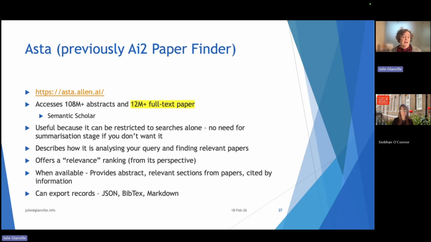So this is making it a richer source for searching, because you have access to all that full text information as well within Semantic Scholar. And also it's useful because it doesn't then go on to do the summarization process, which just takes time, where I'm really interested in the papers and analyzing the papers to help me with my search development.